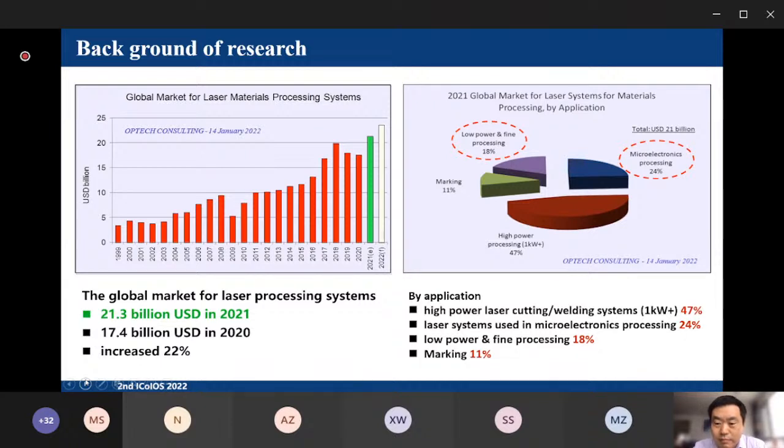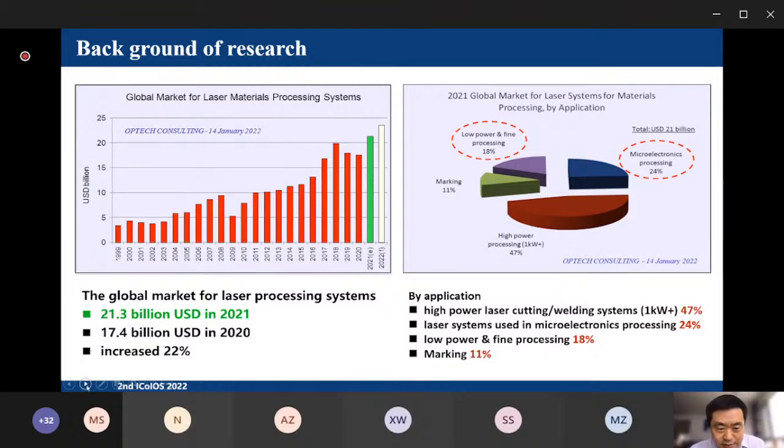Then microelectronics processing is about 24%. Low power fine processing is only about 18%, and marking is 11%.